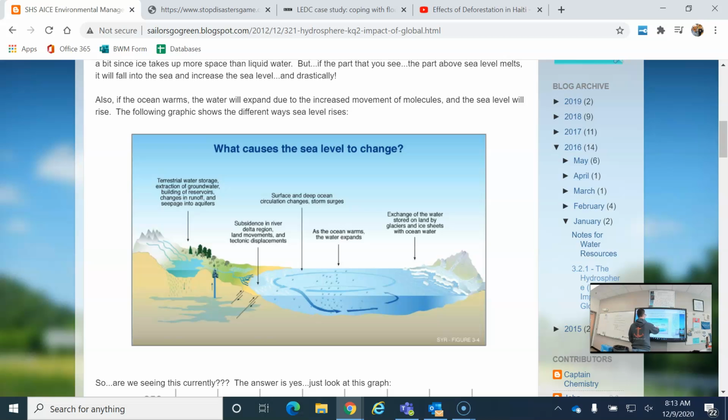As the ocean warms, water expands. Surface and deep ocean circulation changes can cause sea level rise as well. Also, terrestrial water storage and extraction of groundwater, building of reservoirs and dams, all the stuff that we've been talking about, can also cause more runoff, and that will cause sea level rise as well.